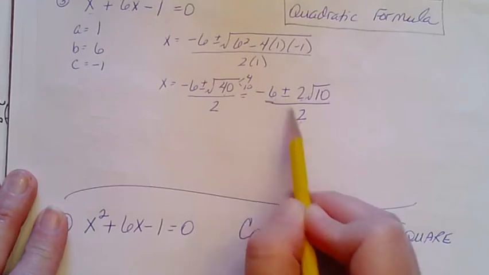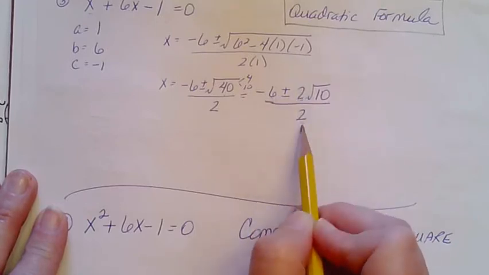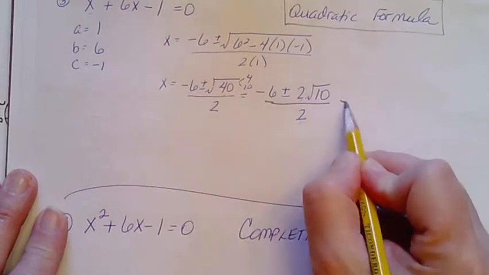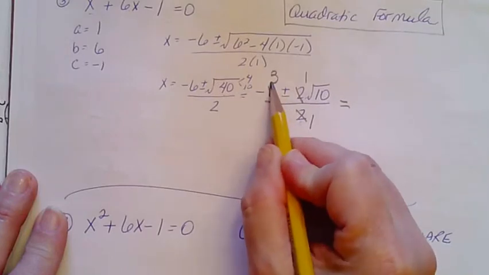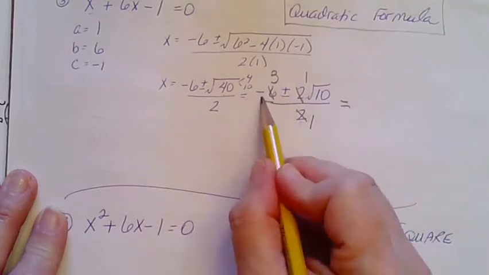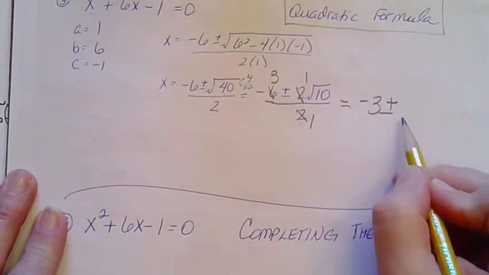Has to simplify with the term on the left and with this outside number here with that radical term. And it does. 2 goes into this number once, that number once, and that number 3 times. So your final answer would be negative 3 plus and minus, and that's just going to be a radical 10.